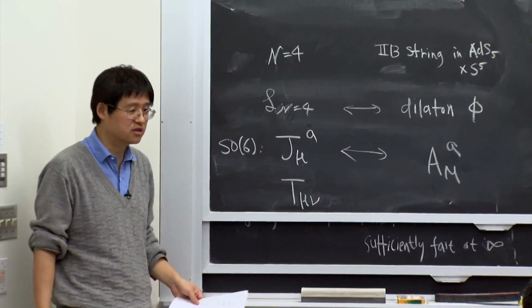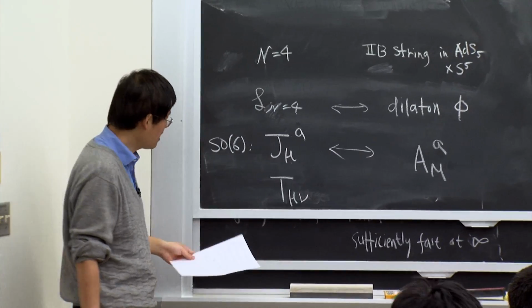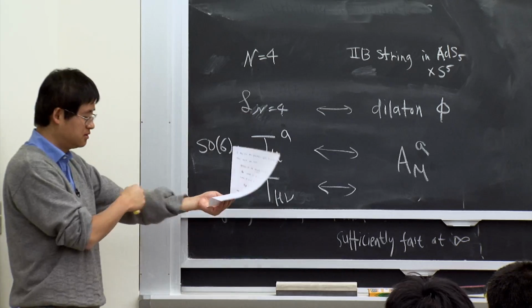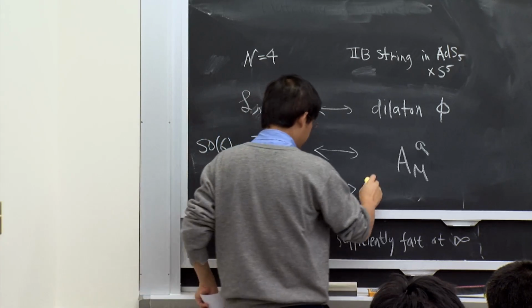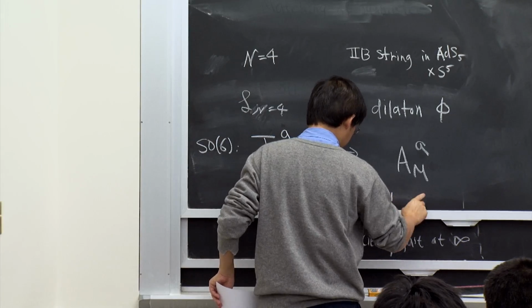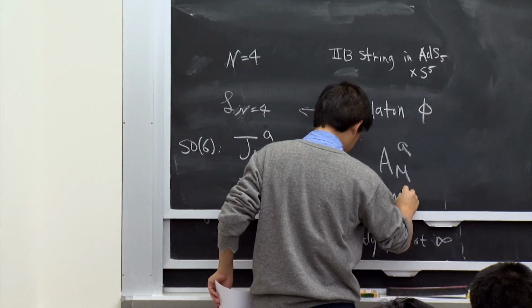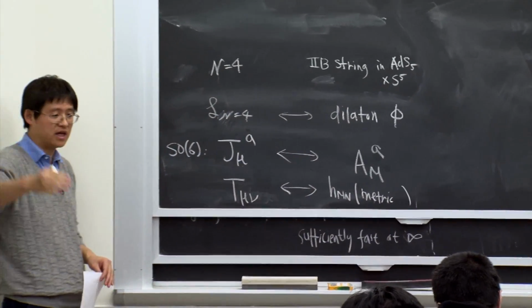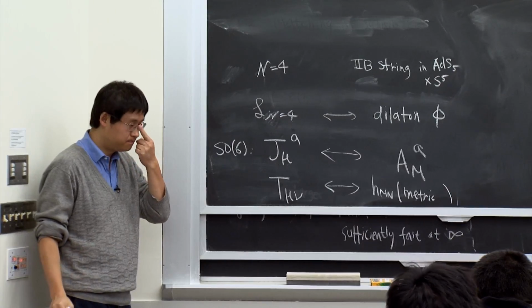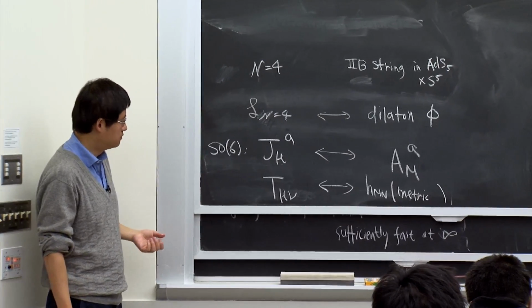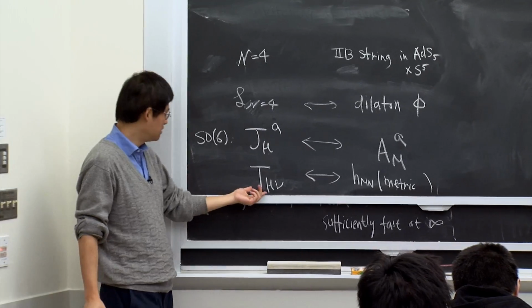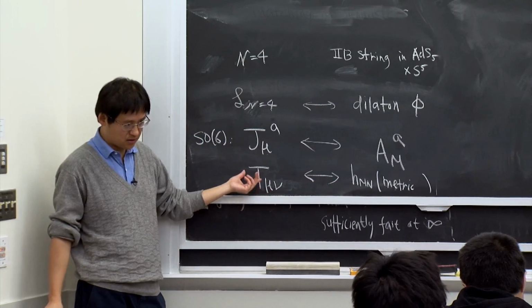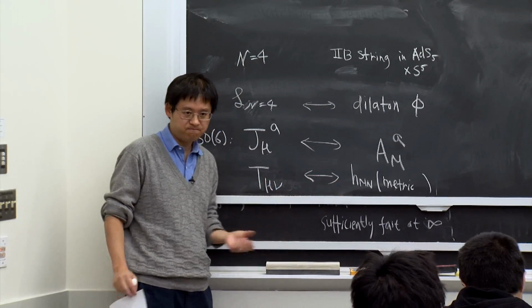Okay. And then another universal operator on the field theory side is the stress tensor. No matter what theory you consider, you have a stress tensor. And this is mapped to the metric perturbations, the deviation from the AdS metric. Again, at the representation level, this is very natural, since this is a symmetric tensor.